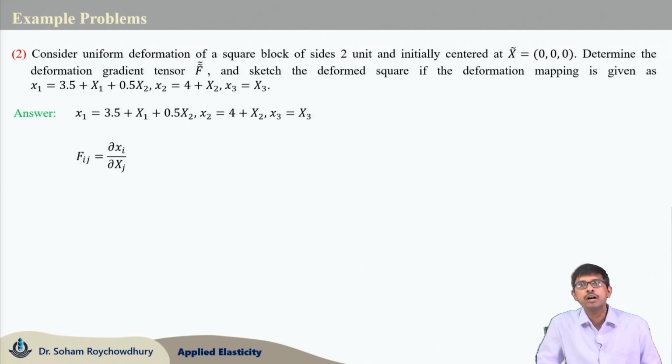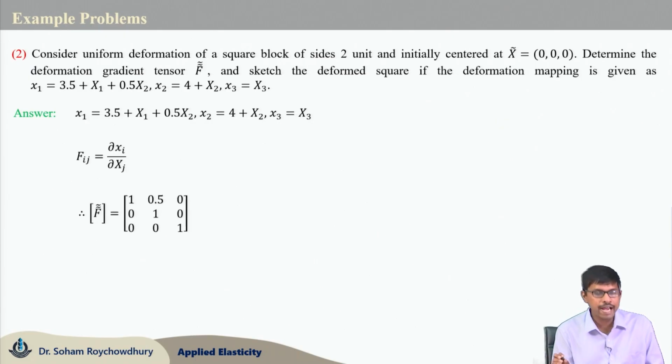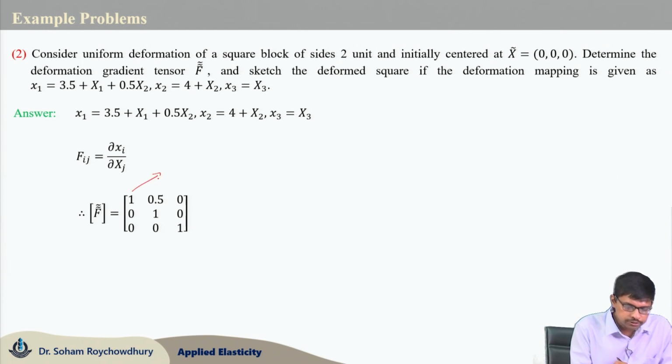By definition of the components of the deformation gradient tensor, Fij is del small xi divided by del capital Xj. From that you can easily find the deformation gradient tensor F. The first component of F is del small x1 by del capital X1, the second component is del small x1 by del capital X2, and so on.